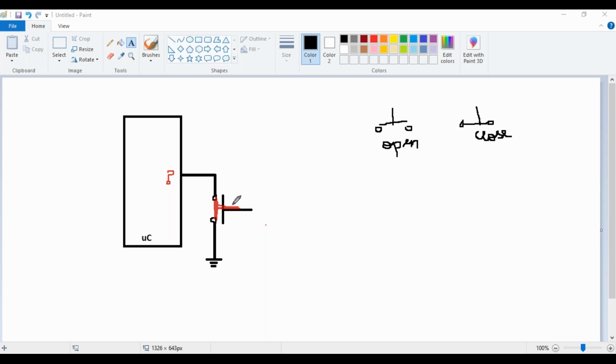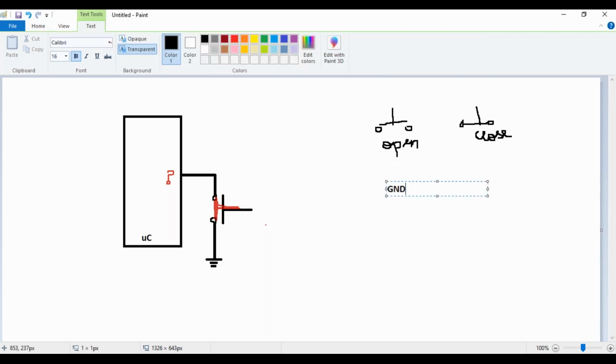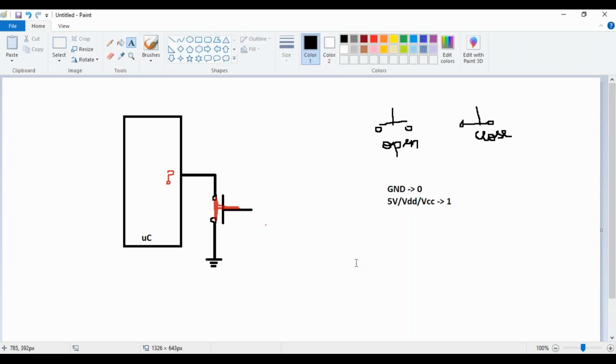Okay, is it a 1? All right. So please understand, a microcontroller can only understand things in terms of zeros and ones. Whenever you want to refer to ground, you have to say it as a 0. And whenever you want to specify 5 volts or VDD or VCC, you can say it as 1.